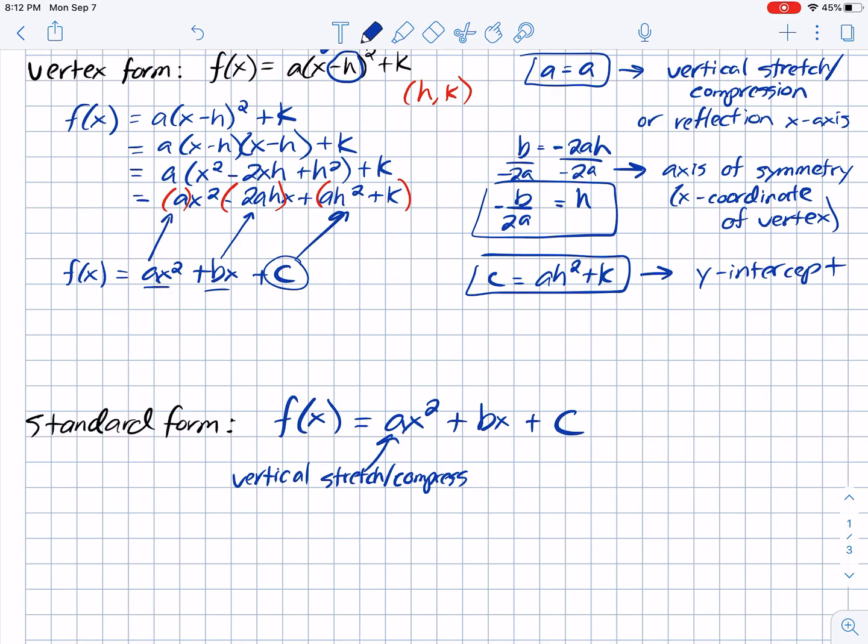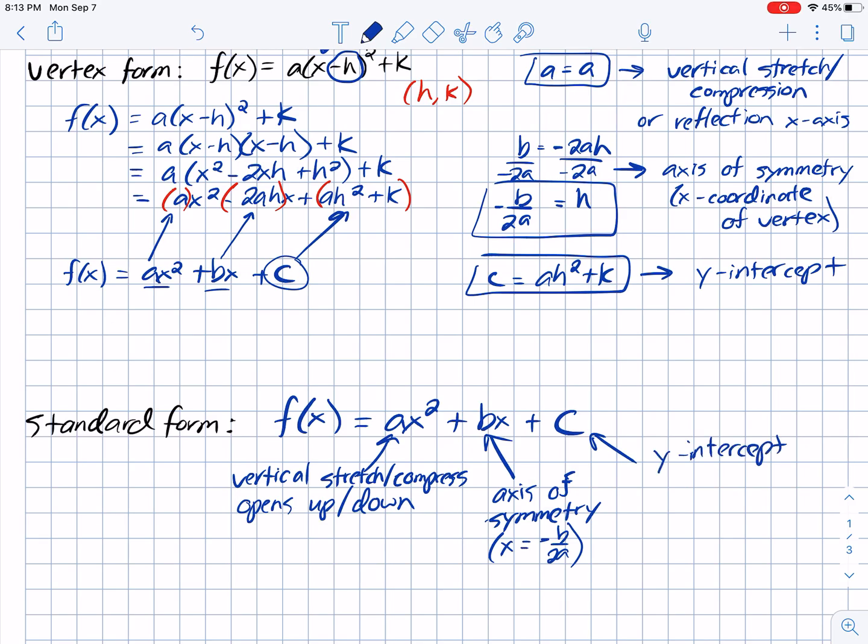So another way we could word that is it tells you whether the graph opens up or down. The b is going to get us our axis of symmetry, which is the vertical line that goes through the x coordinate of our vertex. Okay, remember the equation is x equals negative b over 2a, and then c is our y-intercept.